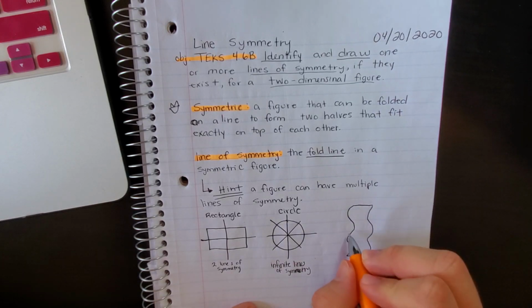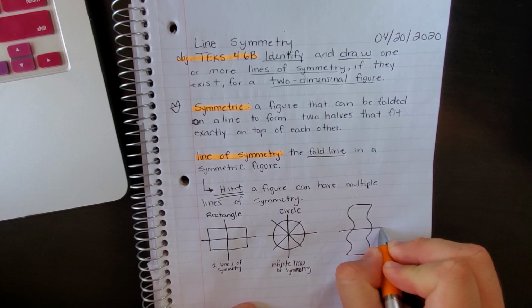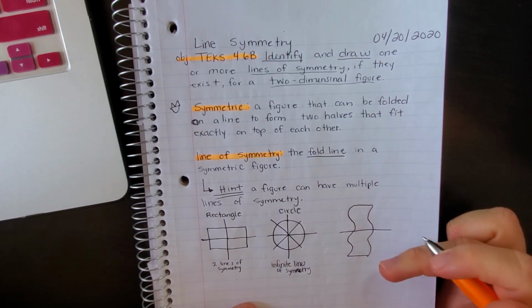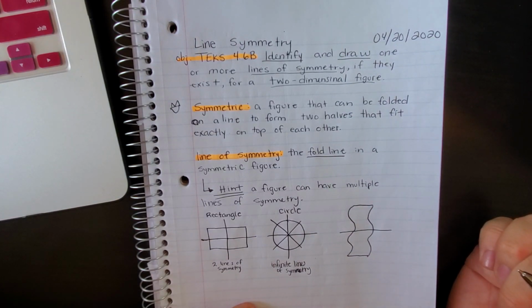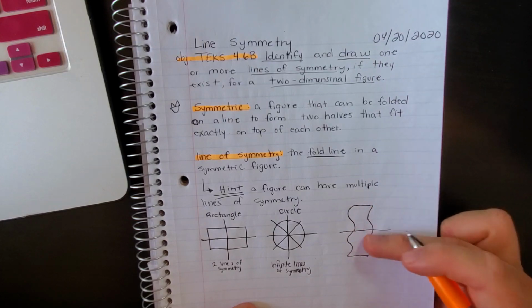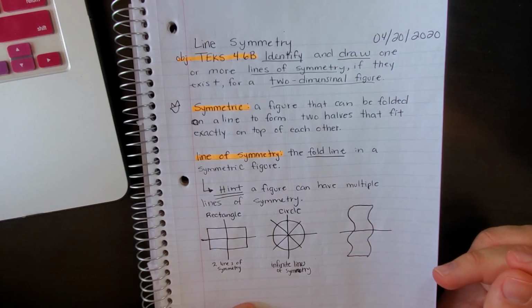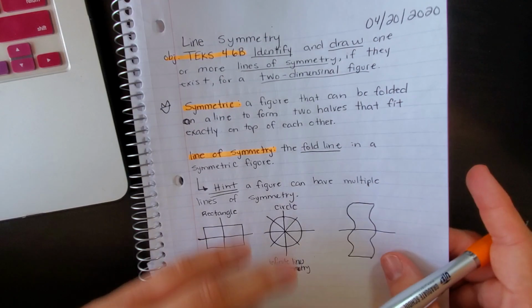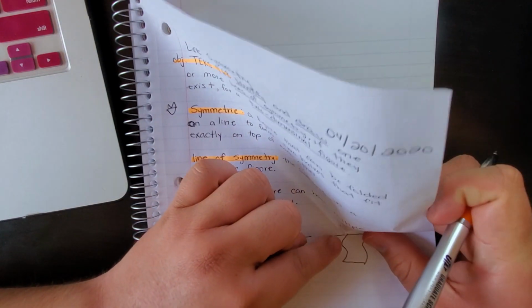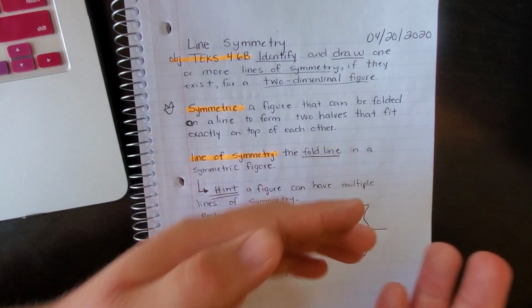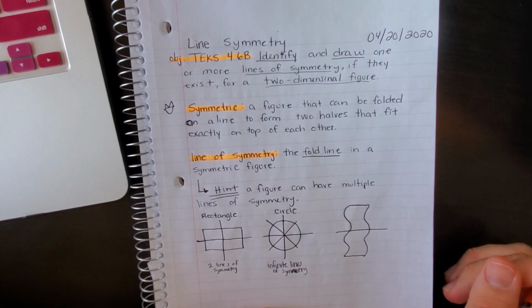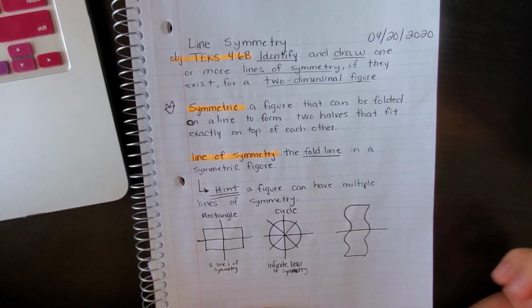Well, let's say we cut it this way, and we were to fold it in half, would they land exactly on top of each other? No. So if we were to fold it in half and bring this part up here, the spaces would not match. So that cannot be a line of symmetry.